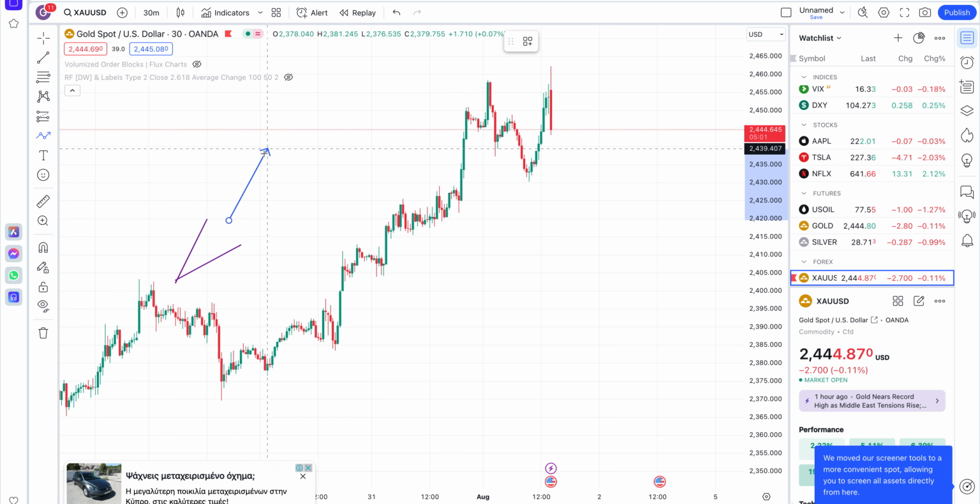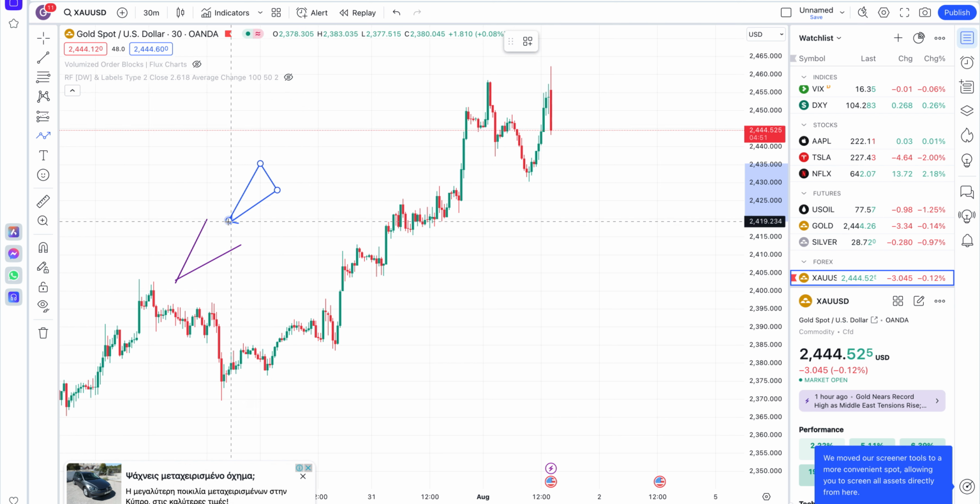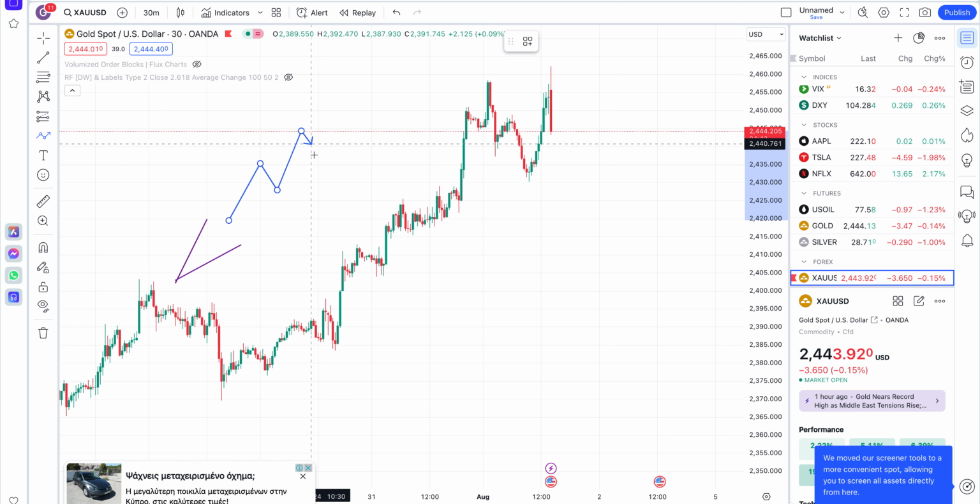Yes. So you'll be looking for a series of higher highs and higher lows. And when we say higher low, it has to be higher than the previous low. And then a series of another higher high, which is higher than the previous high, and then a higher low. So it's going to be in repetition.